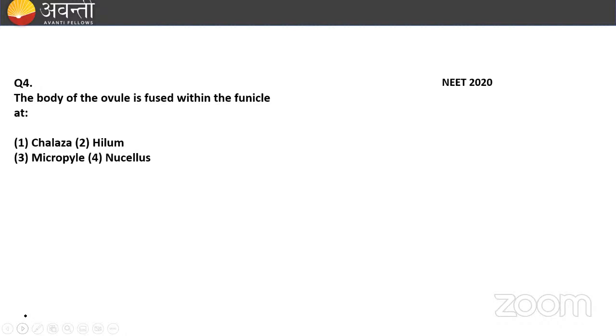And this question came in NEET 2020. This term I have already explained when I explained question number 2.